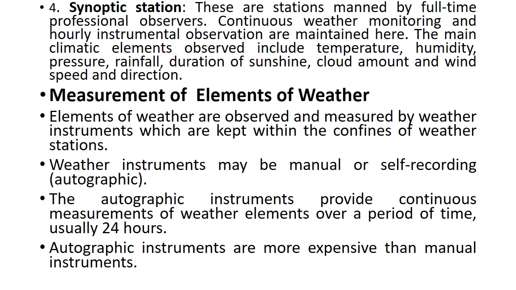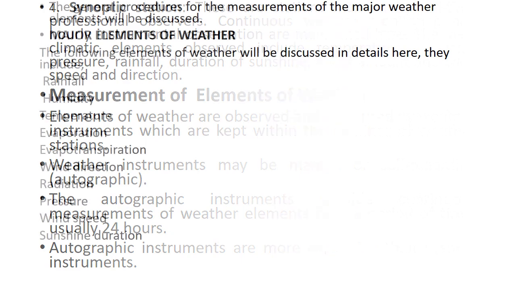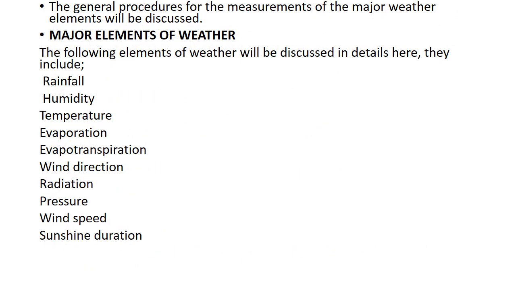This is the best and the greatest of all the other 3 types of weather stations. So of the 4, synoptic station is the best, and professionals man it, and they make observations every day, sometimes hourly.